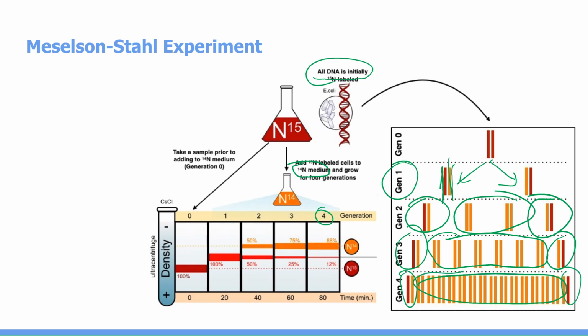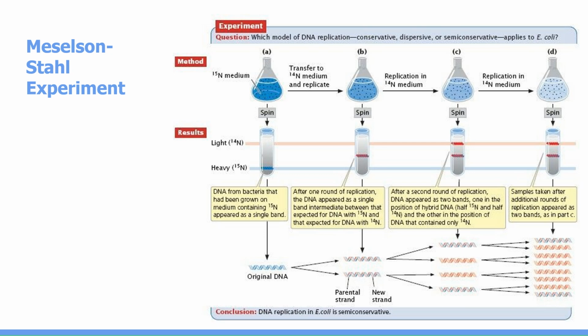After the fourth generation, 88% of it is the lighter nitrogen isotope. So this is another way of looking at what was shown on the previous slide, but all in all, the big takeaway point is the semi-conservative model of replication.